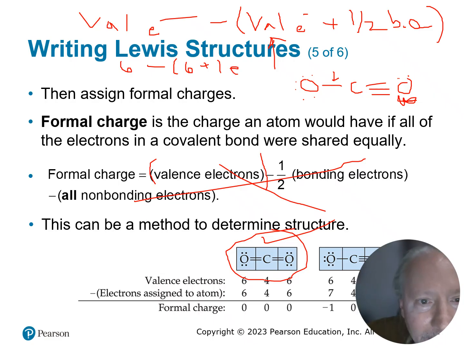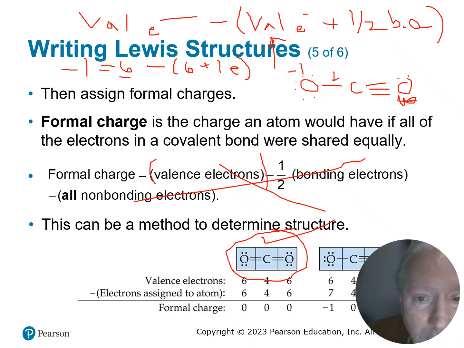So 6 minus 7 is a -1. We have to be careful how we do this. We add the half of the bonded electrons to the lone pair electrons, and we get 6 minus 7, so we get a -1 on here.